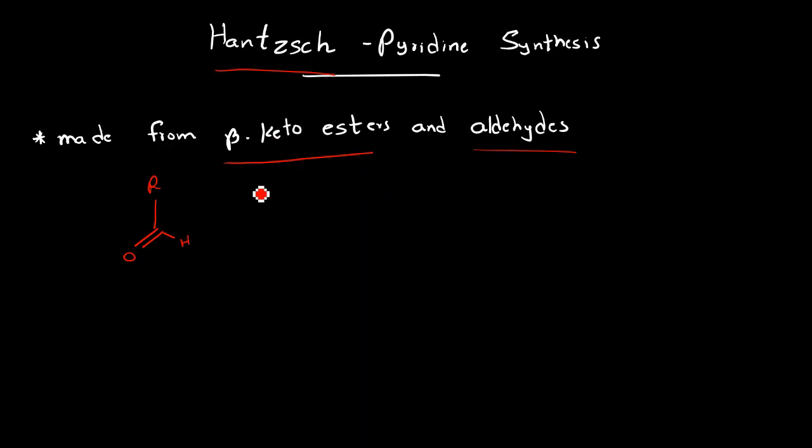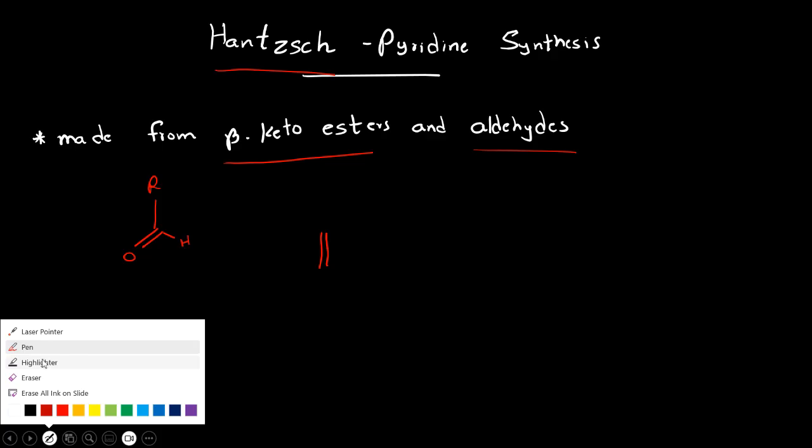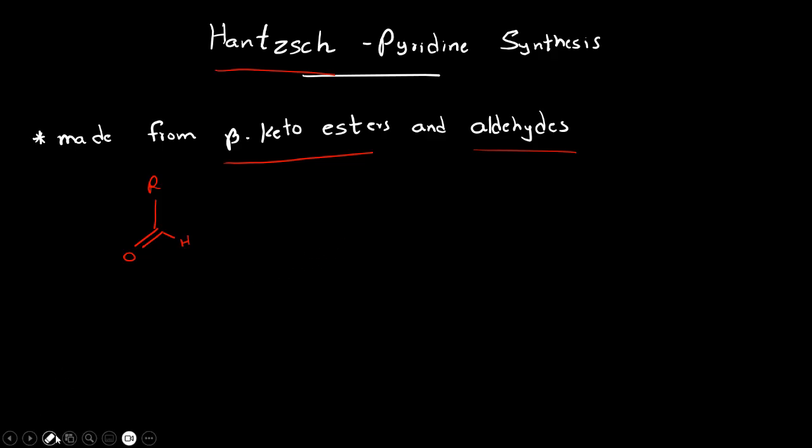The beta ketoesters are just like this. In beta ketoesters we have the carbonyl carbon as well, and here we have CO2Et and the methyl group.